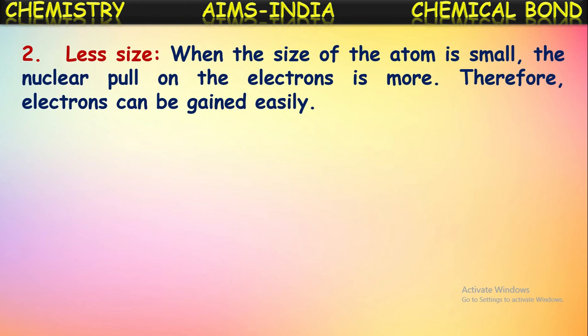Therefore, electrons can be gained easily by that atom. If the distance between the nucleus and the outermost orbit is very less, then that atom can attract the electrons very easily towards it and hence form an anion very easily. Okay, this is one of the properties to be there for acceptor atoms to form a strong ionic bond.